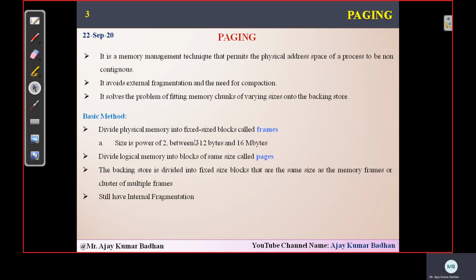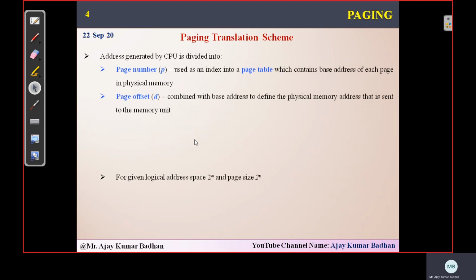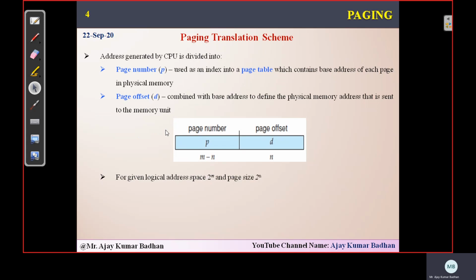Basically, this was already seen in the previous diagram. I'm just referring to those slides so that it becomes easy for you to understand. Paging means we divide the memory. The CPU generates a logical address, and that consists of a page number and a displacement. How can we find the page number? We already discussed it.